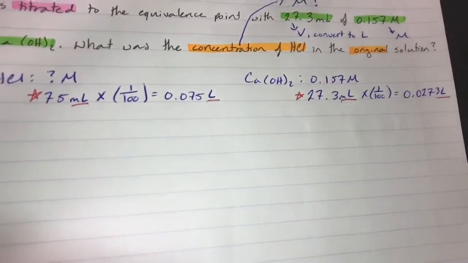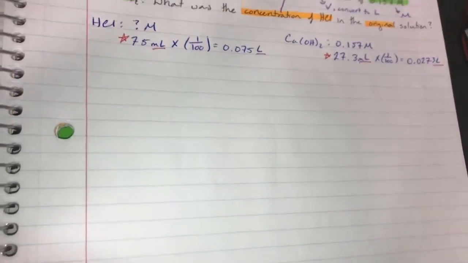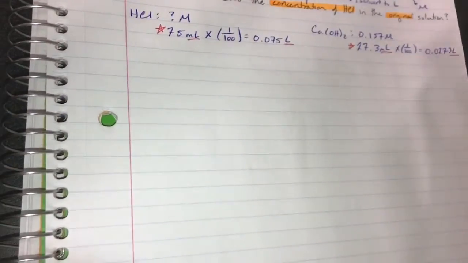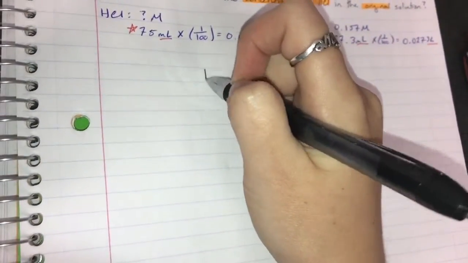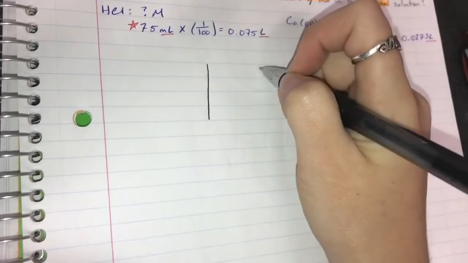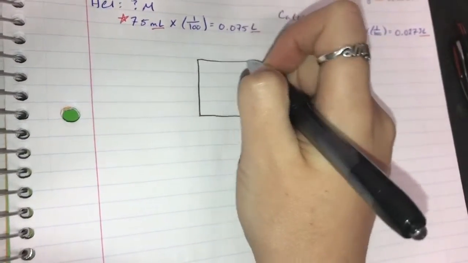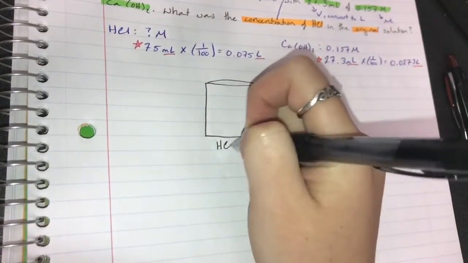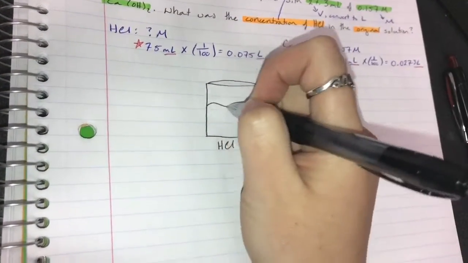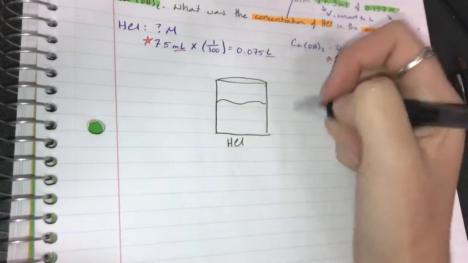Alright. Now if we're going to look visually at what is happening in this problem, we've got to know what is happening. So we're going to draw a little beaker, just to picture in our head what is going on. And we're going to have our beaker of hydrochloric acid. And we don't know the concentrations of it, so I'm not going to fill that up yet.